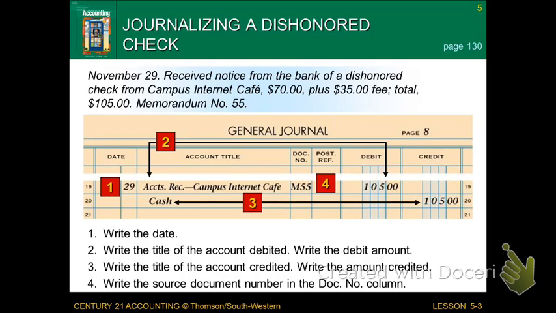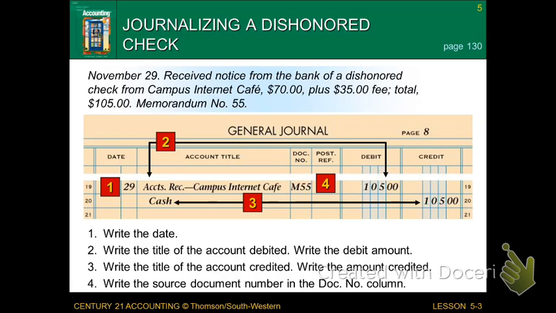On the general journal, you write the date, in this case the 29th. You increase the customer's accounts receivable account for the full amount, which includes the check and the fee, so the total in this case is $105.